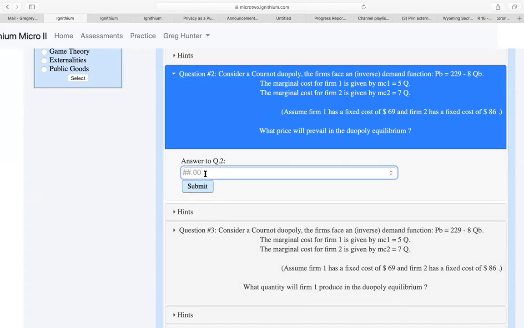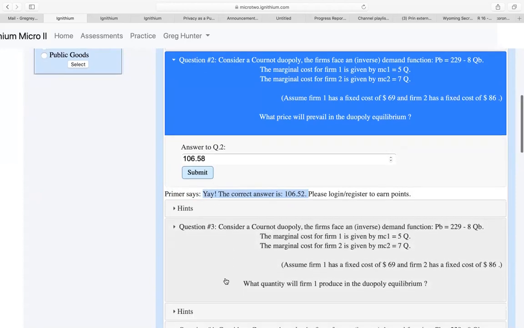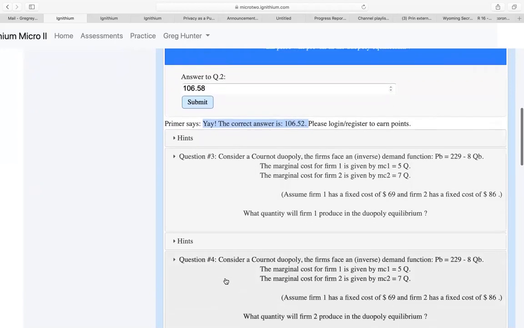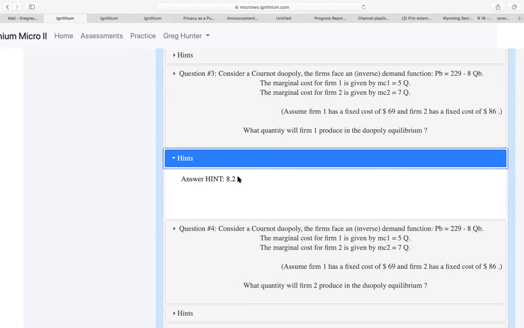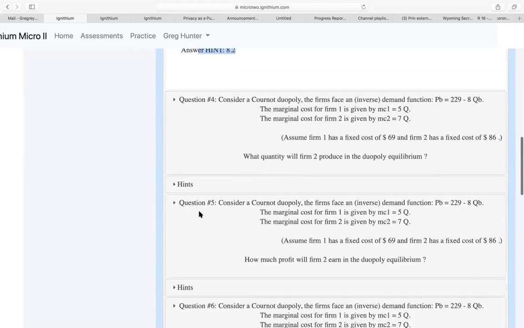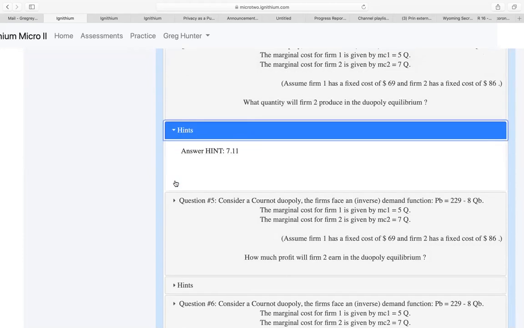What was your price? 106.58. Yeah, so you're still getting the correct response from the server. You see the yay, right? Yeah. And the quantity for firm 1, boom. Quantity firm 2 will produce. Look at that. Isn't that beautiful?